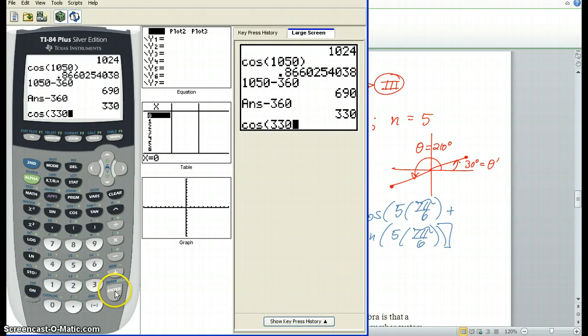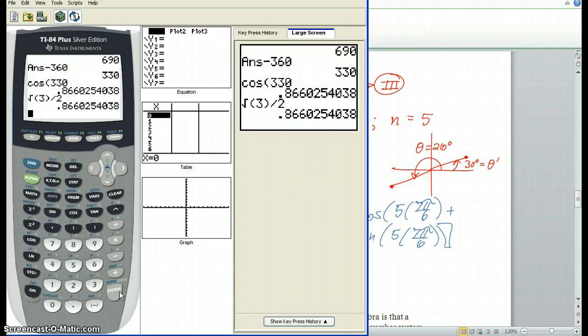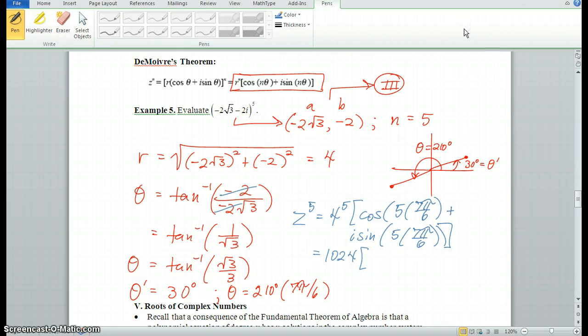The cosine of which, as we can see, is a 330-degree angle, again from the unit circle. Whether we're using the calculator or not, this value we're very familiar with, thanks to our unit circle analysis back in Chapter 4. So radical 3 over 2. So the cosine of 35 pi over 6, in other words 1050 degrees, is root 3 over 2.